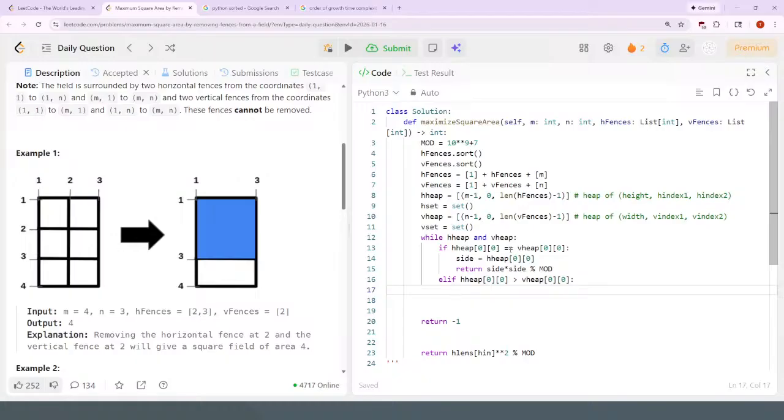So I break it up using indices. So let's say I heap pop. Let me just go ahead and take it from the top actually. So let's say the height and H index 1, H index 2 is equal to H heap at 0.